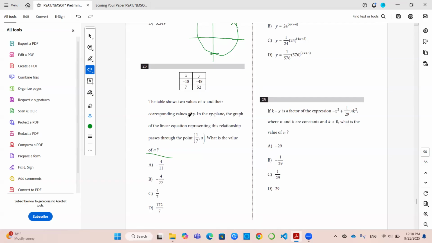So what we're going to do is go ahead and calculate the slope.